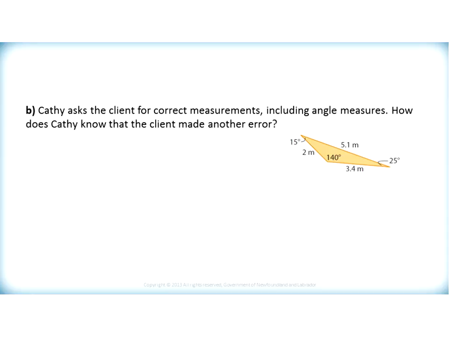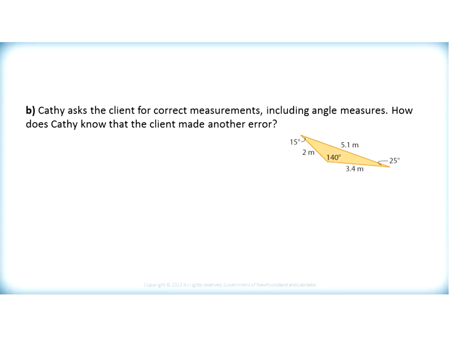Okay, Kathy asks the client for correct measurements, including angle measurements. So not only does she want the sides fixed, but she also wants the angle measures this time. How does Kathy know that the client made another error? Well, you'll notice at this point that the longest side in the triangle is reduced to 5.1 meters.